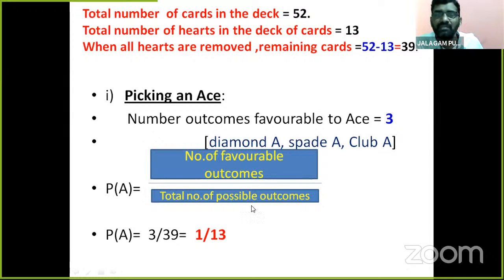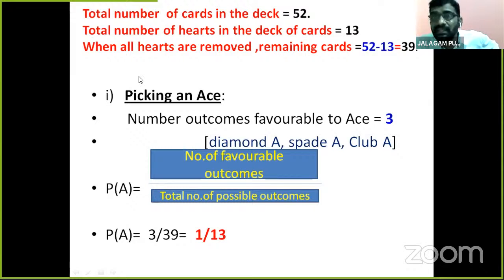P of A is equal to number of favorable outcomes by total number of possible outcomes. Okay, children, favorable how many here? Yes, 3. Why? Because actually 4 aces are there, and 1 ace is already removed, put aside.